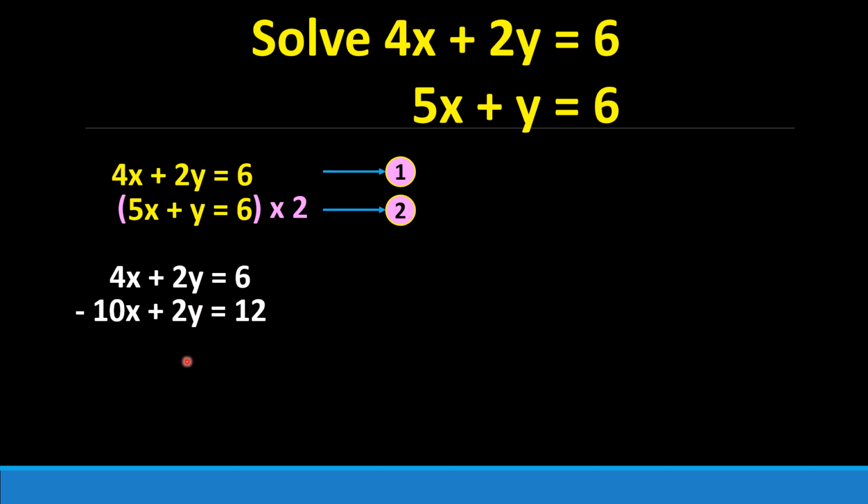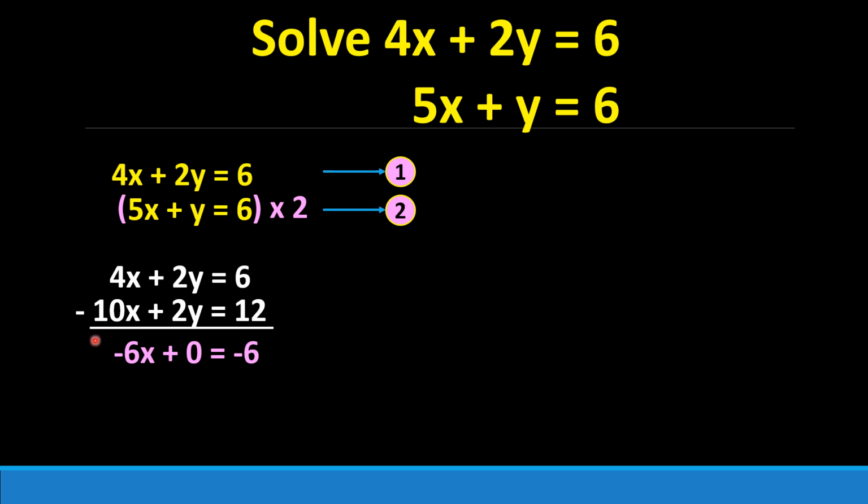On the other hand, if we subtract it, 2y minus 2y, then we can eliminate these values. So here in this question, we are going to subtract the second equation from the first equation. On subtracting it, we get 4x minus 10x, that will be minus 6x, and 2y minus 2y, that is 0. 6 minus 12 is minus 6.